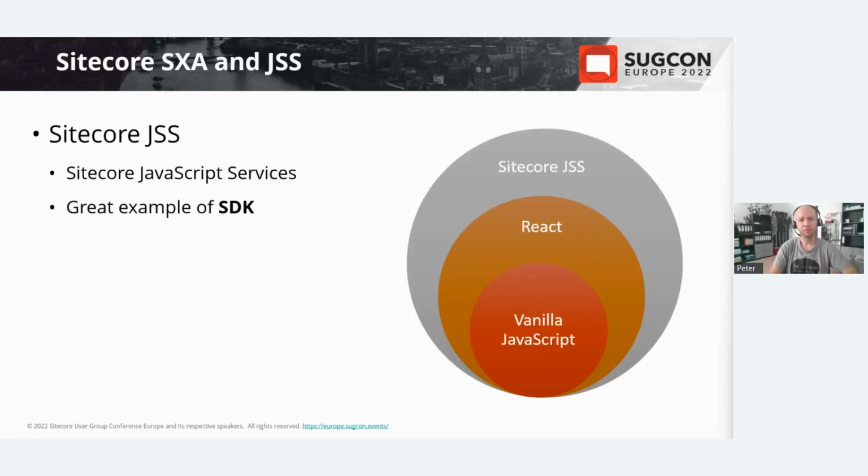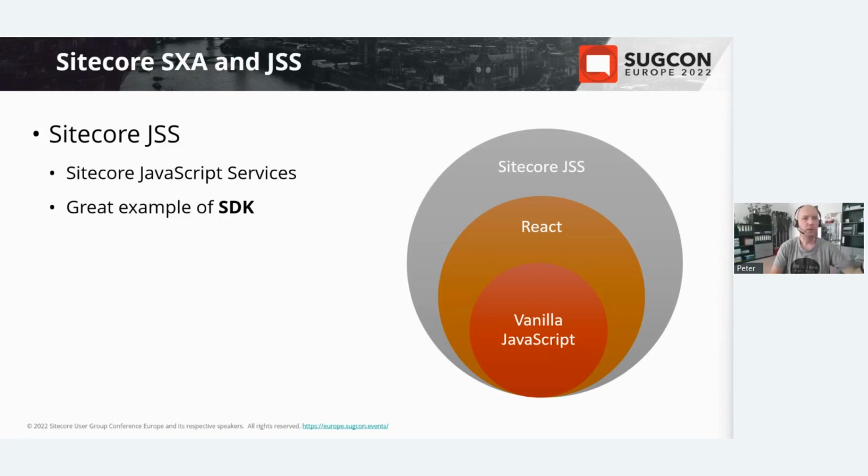Sitecore JSS, or nowadays it's called Sitecore JavaScript Rendering SDK, represents a set of JavaScript packages and sample applications that add support for JavaScript frameworks and enable the development of modern applications that consume Sitecore data.